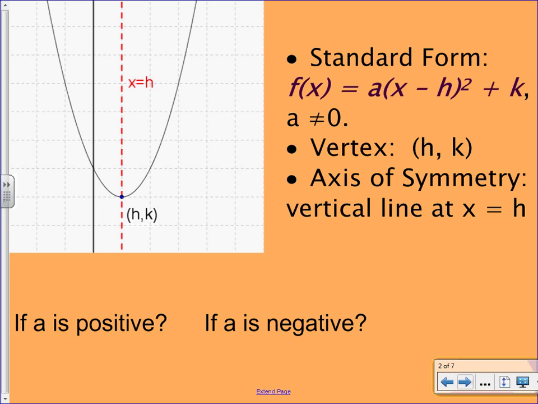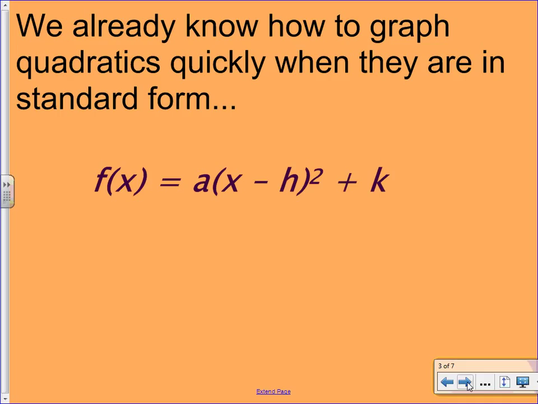So, if we have this, you don't need to write this down. This is like, let's think about this. If we have standard form, we can easily take our parent function and stretch it or shrink it if we need to, and then shift it, right? These quadratics are going to be very easy to graph if they are in this form.